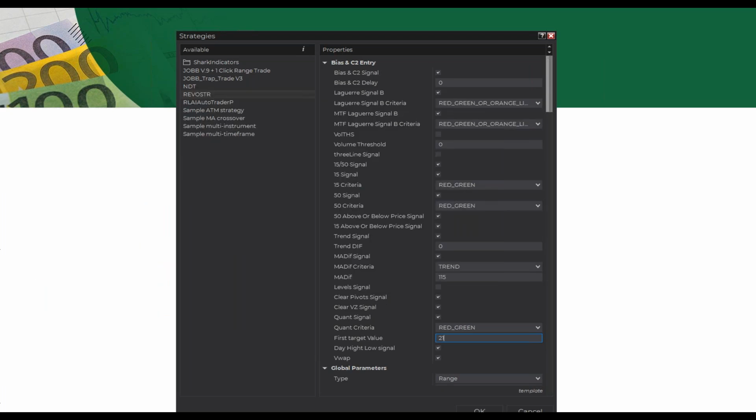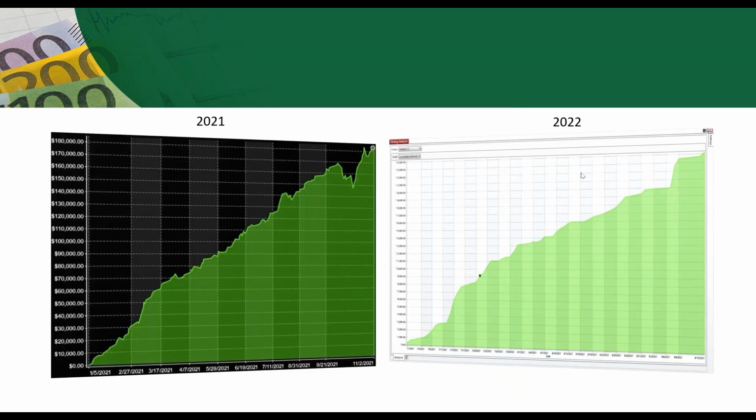So this is kind of our way of, I hate using this term, overbought or oversold, but it's a better way because markets tend to revert back to the mean when they get too far away from, especially, the 50. All right, so here are the equity curves for 21 and 22.